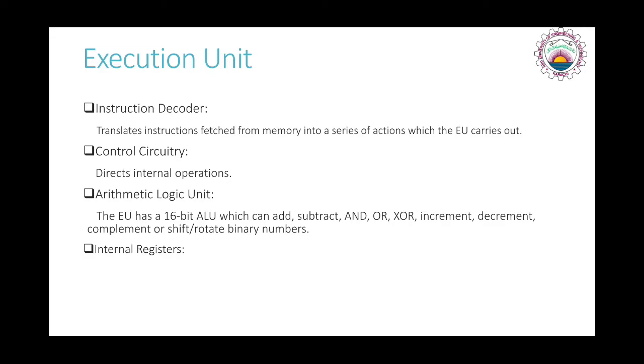So all of these arithmetic and logic operations are performed within ALU, and ALU defines that the processors 8088 and 8086 are of 16-bit because at one time you may manipulate 16-bit data. So that is the reason why we declare both of these processors as 16-bit processors.